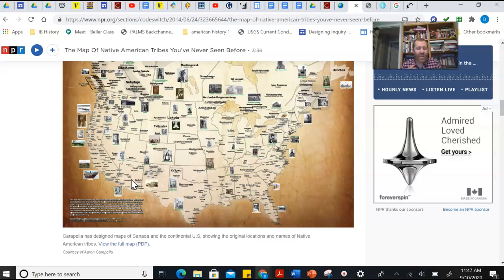So once again, you know, these relatively recent conditions are reorganizing and reshaping the societies of Native Americans, at roughly the same time Europeans are about to come into contact with them in the 1400s and 1600s.